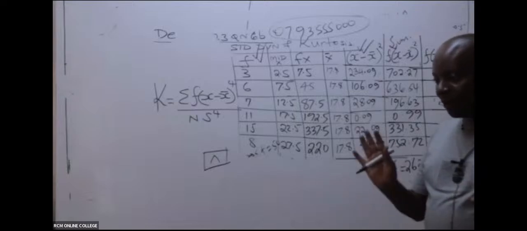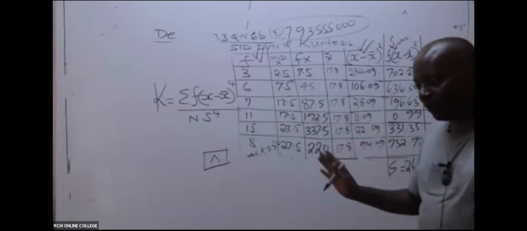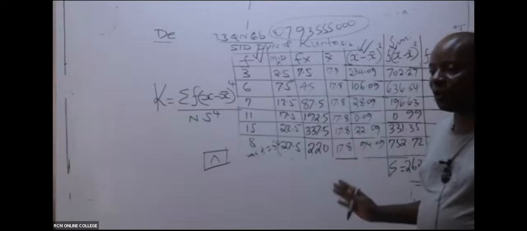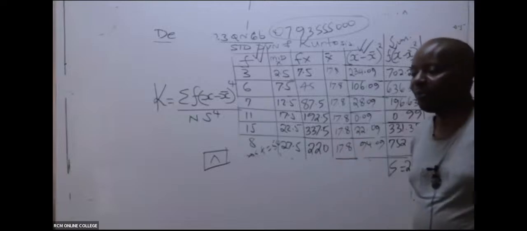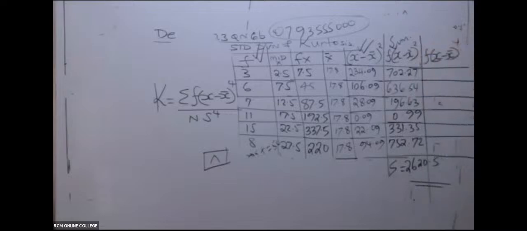You can see I'm so happy with this class because they're giving me different numbers, which is really good. It's part of the game. At the end of the day, we are disagreeing, but we shall agree.